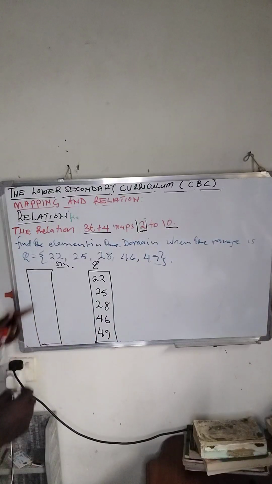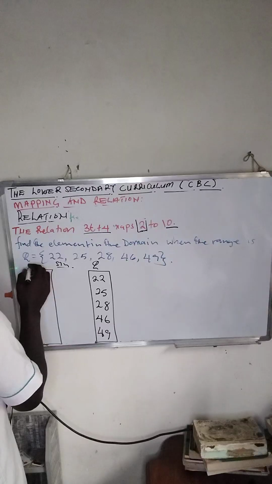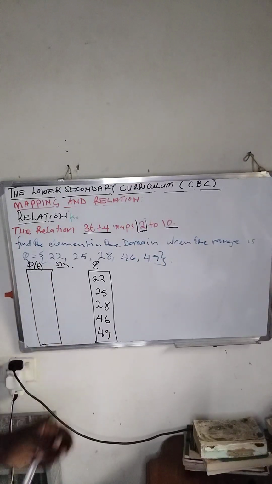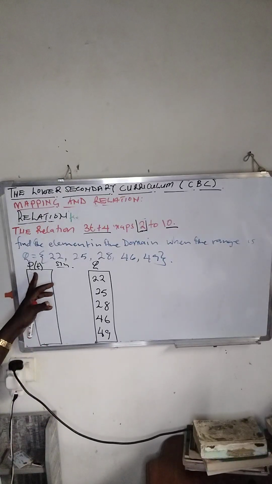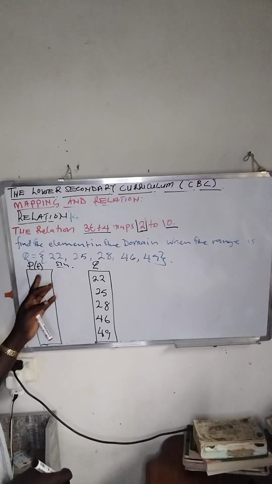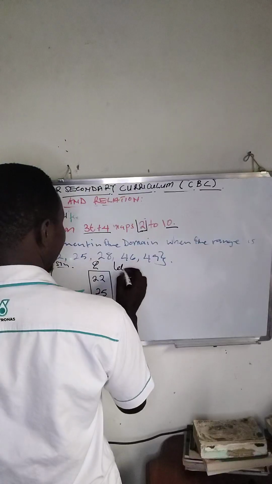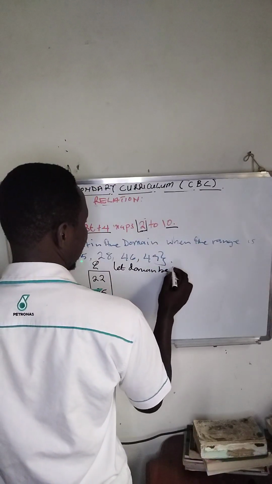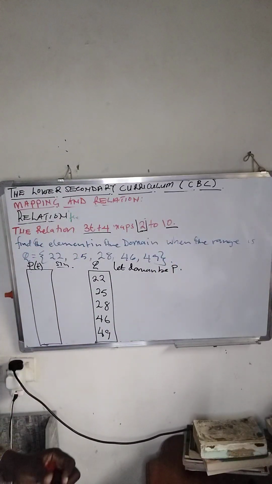But we need the values in this, let us say this is where the value of P is. Are we together, like we had in the first arrangement? Now let us assume the domain values are P, and let us obtain the values within that domain.